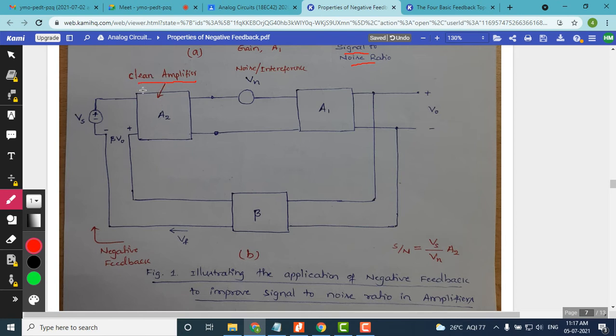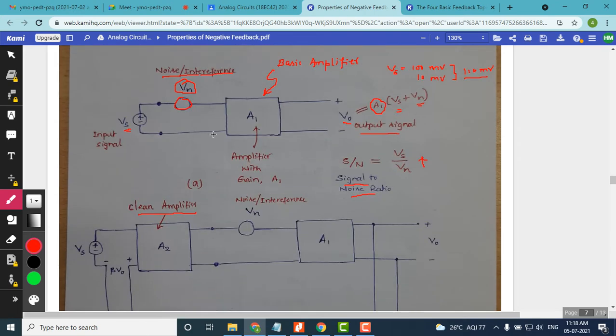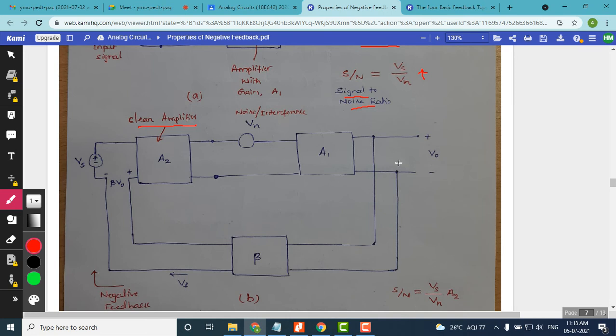So, to reduce the noise introduced by this kind of amplifier, when I precede this amplifier with a clean amplifier, along with feedback, the noise level is going to get reduced. We will show this mathematically also, and later on we will illustrate that through an example as well.